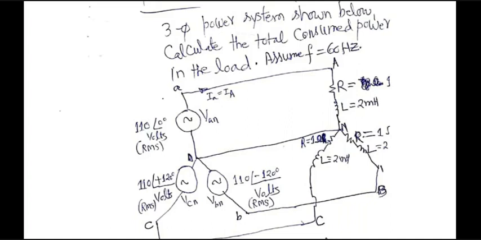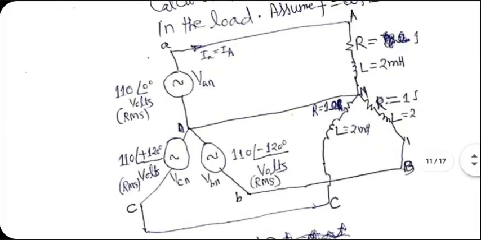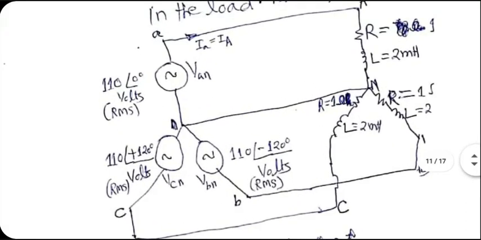Okay, take that as a load. The transmission lines have no impedance. That means their impedance is negligible. The phase voltages are given in RMS values: 110 at 0 degree, 110 at minus 120 degree, 110 at plus 120 degree. So peak value will be, in each case, 110 multiplied by square root of 2 volts.